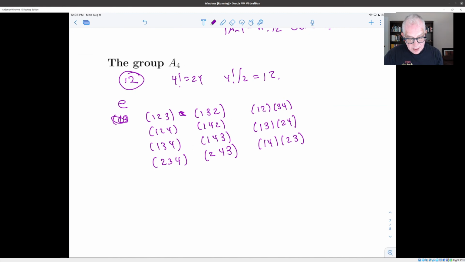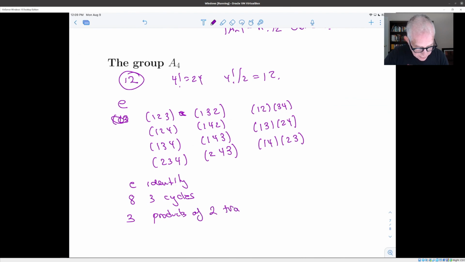So in the group A4, there's the identity element, there are 8 3 cycles, and there are 3 products of 2 transpositions. And those are all of the even permutations that you can make on 4 elements. Okay, so that's a lot of material, and let's stop there.